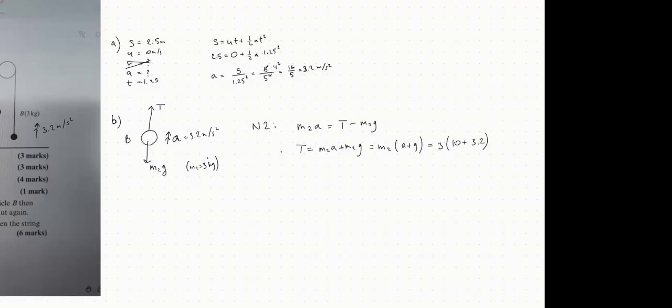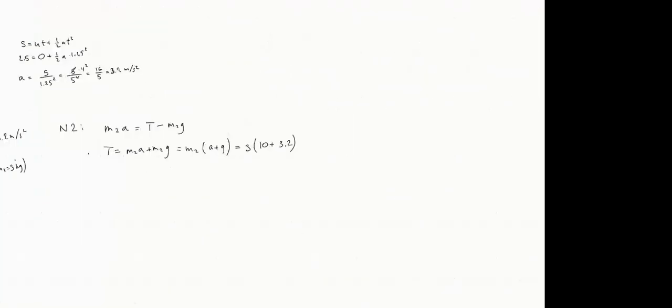Okay, I think they wanted you to use 9.8. Yeah, let's do 9.8, because then you get a beautiful number. 9.8 plus 3.2, that is 13. 3 times 13 is 39 newtons. Nice.